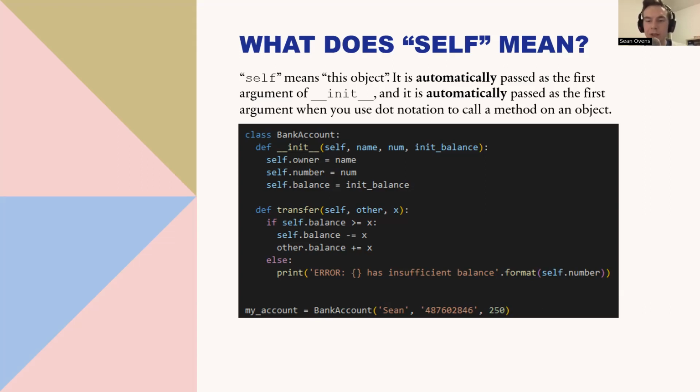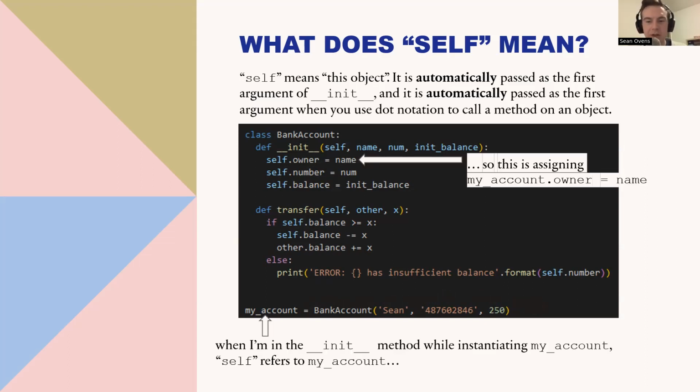So when we initialize my account using this statement here, we enter this init method, and as I mentioned previously, self is automatically passed as the first argument to init. So when I'm in the init method while initializing this variable my account, this argument self actually refers to the object my account, right?